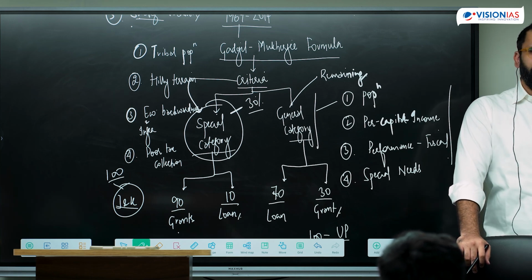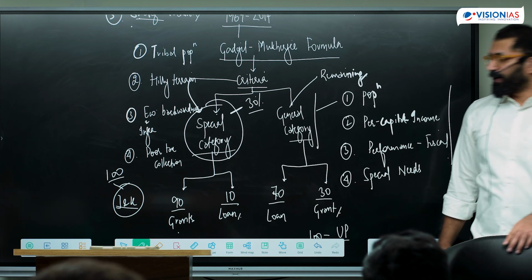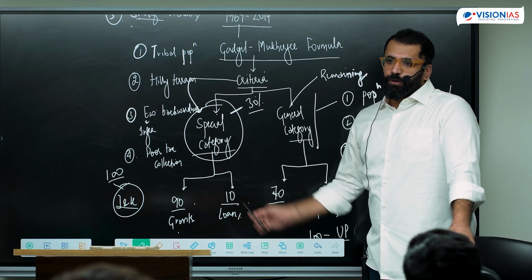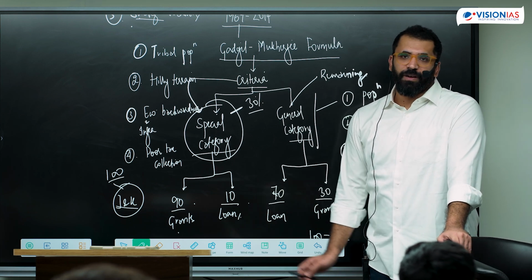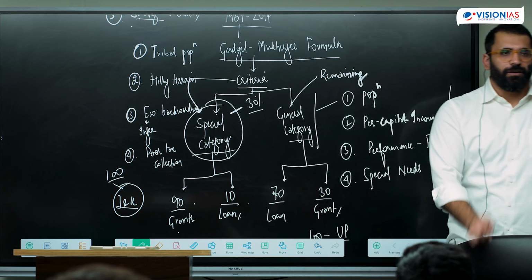So the first benefit which the special category states are getting is that they get money more in the form of grants as opposed to loans. There were other benefits also given over a period of time to special category status, but now since the status does not exist, those benefits are also gone.